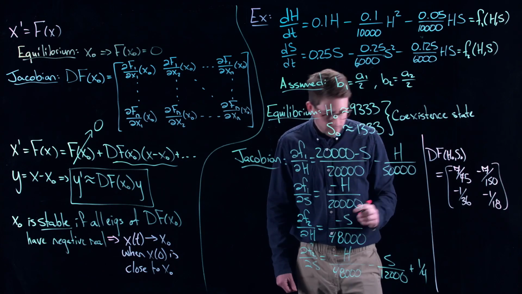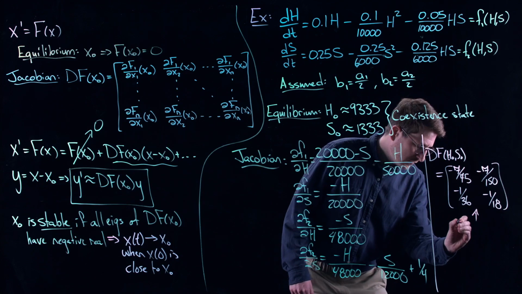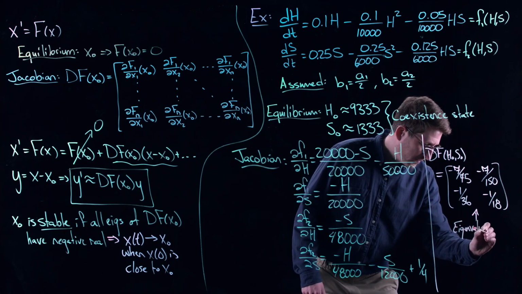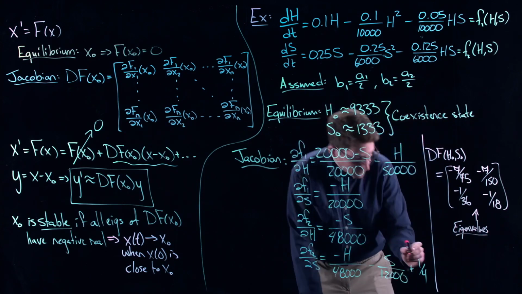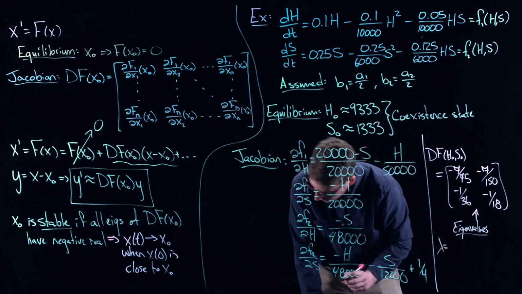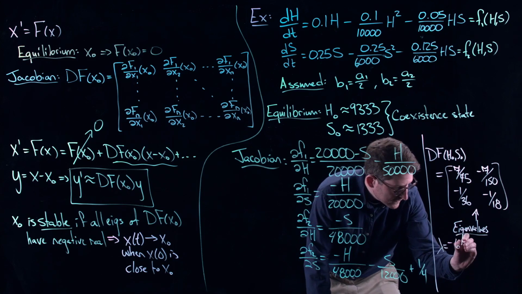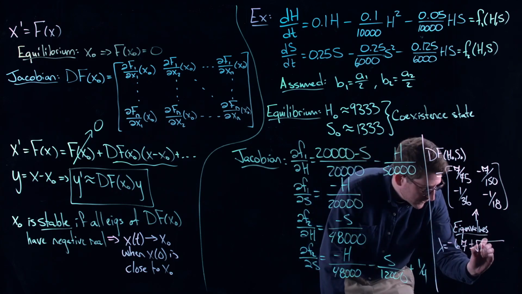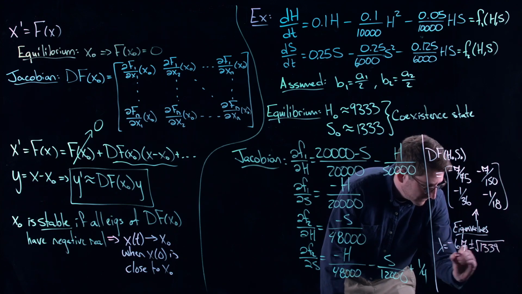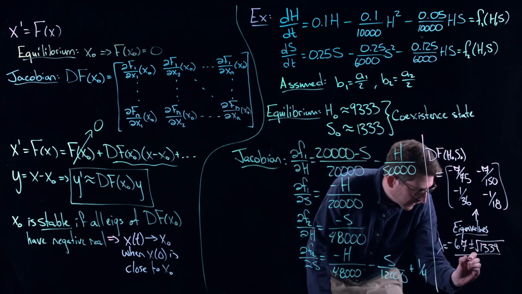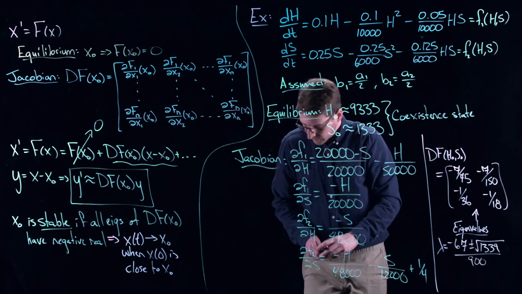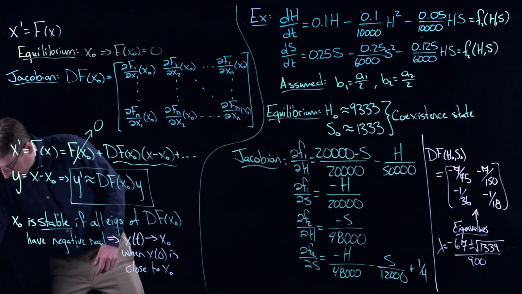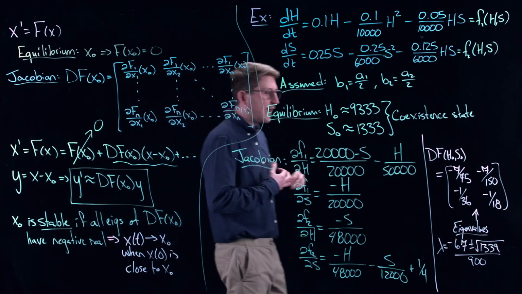And in particular, eigenvalues in this case are given by lambda is equal to minus 67 plus or minus the square root of 1339, divided by 900. You can actually just throw that into a calculator. You can very easily check that both of those are negative.